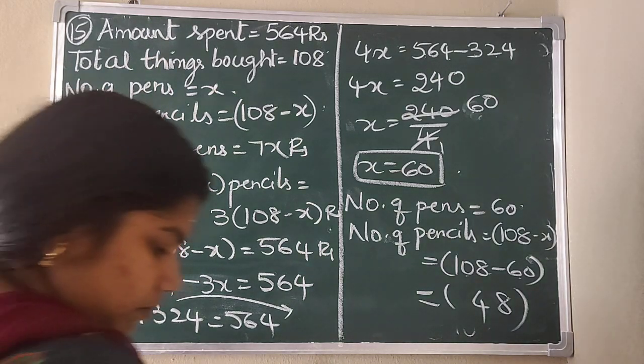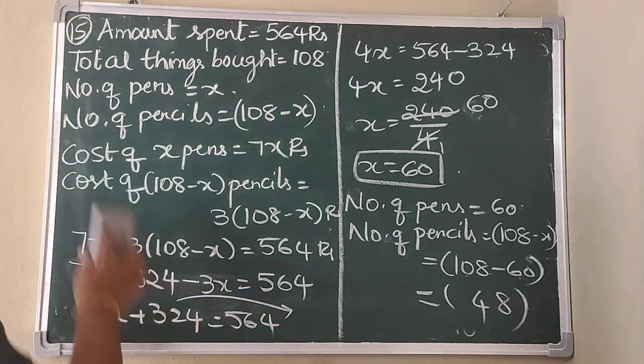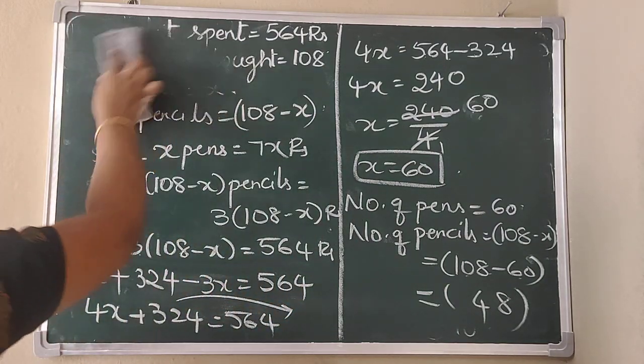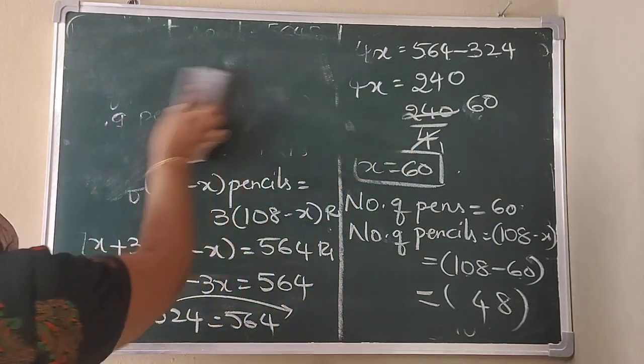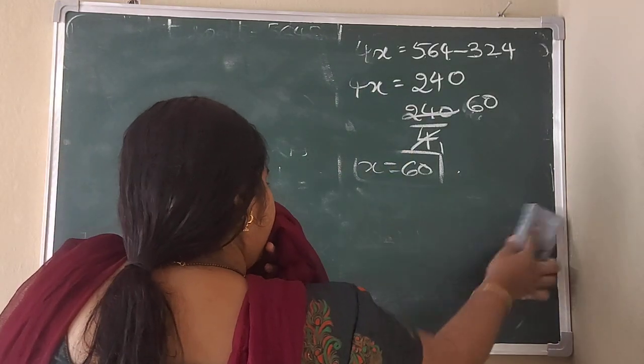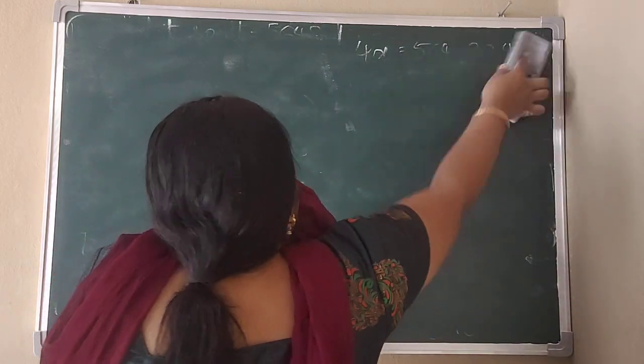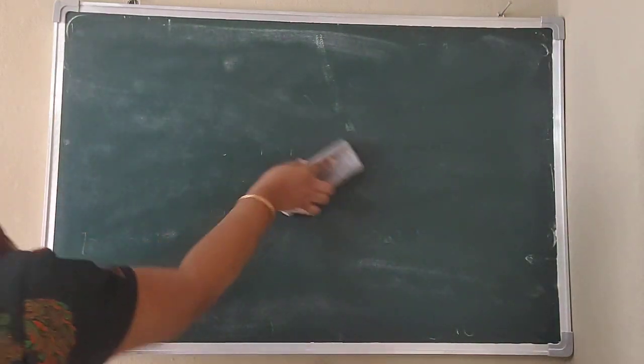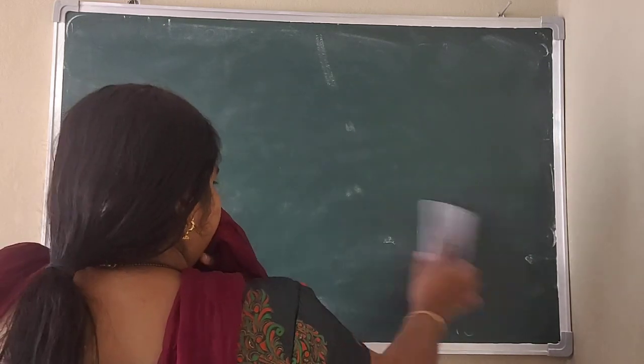Okay, so next one. Now we have to find the perimeter. So next one is the 16th problem.